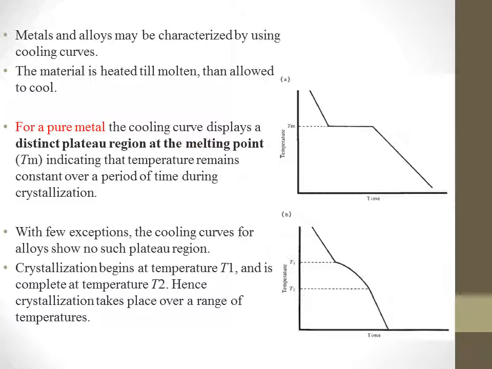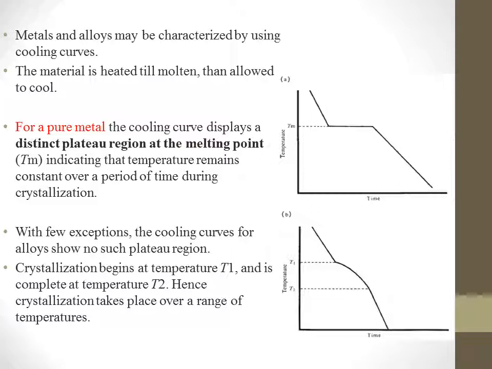Now, the first graph on the right is of a pure metal. So there is no alloy. It's not an alloy. It's a pure single metal. You can see that the cooling curve shows that first there is a temperature drop, and then from Tm onwards there is a distinct plateau region, and this is the melting point.